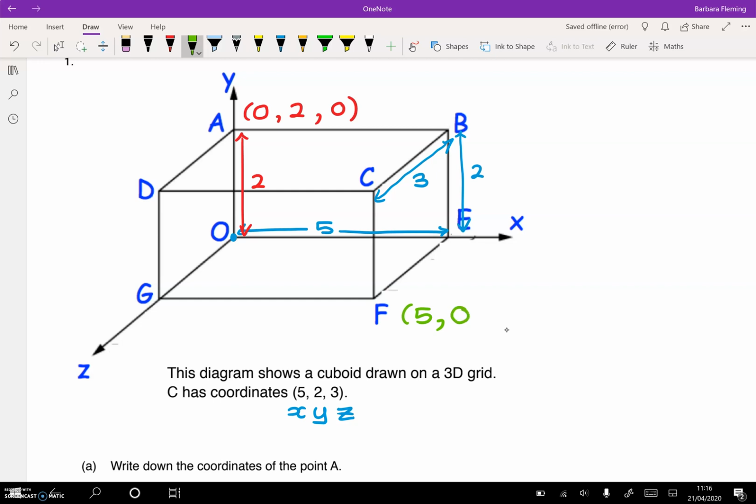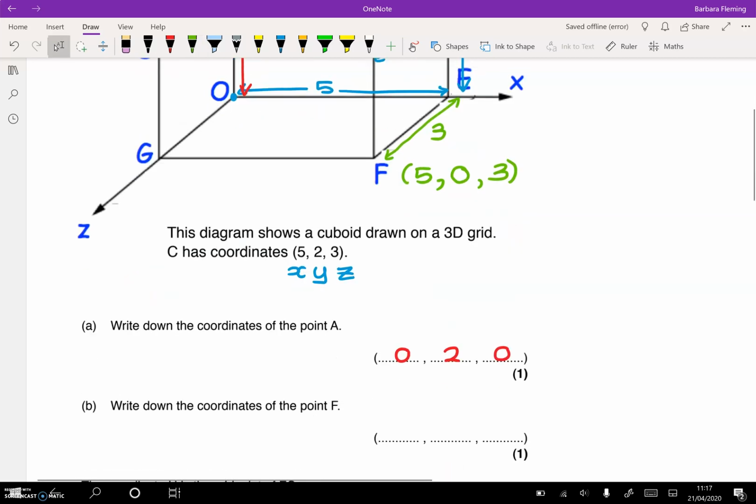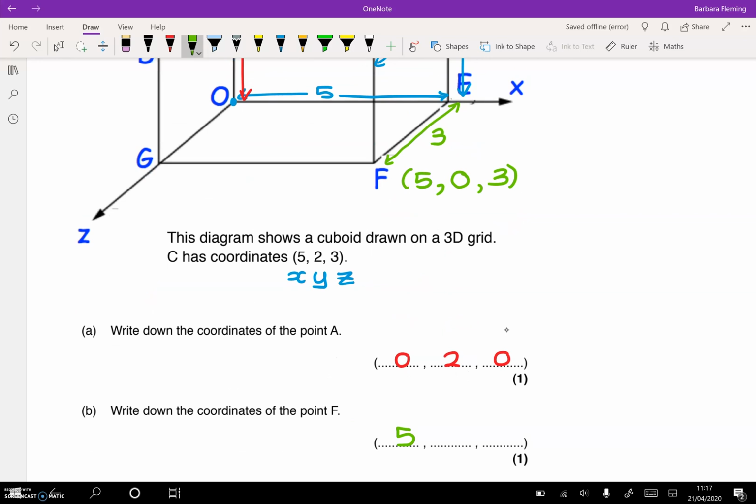So notice that. Then the z-axis, how much it comes out: we're going to be coming 3 along our z. So it's going to be 5, 0, 3, all in a bracket with a comma between each one.